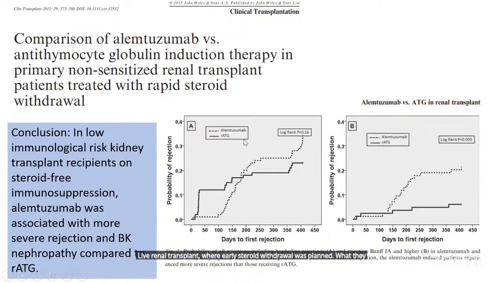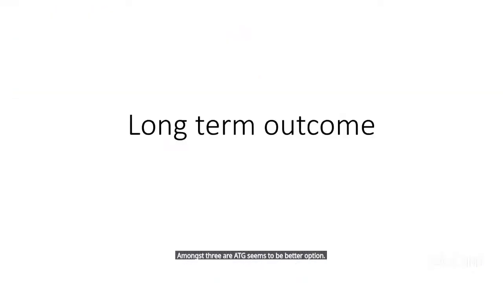They concluded that when alemtuzumab and ATG are compared, there is a lower risk of severe rejection in the ATG group as compared to alemtuzumab, and BK nephropathy is also more in alemtuzumab, which is contradictory, and we need more evidence to compare alemtuzumab versus ATG. However, these two studies have given a background that amongst the three, ATG seems to be the better option at present.